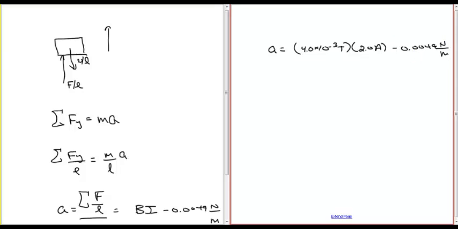That's the weight, going down. So we take 4.0e-3 times 2 minus 0.0049.